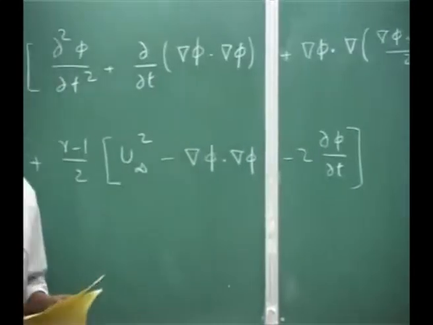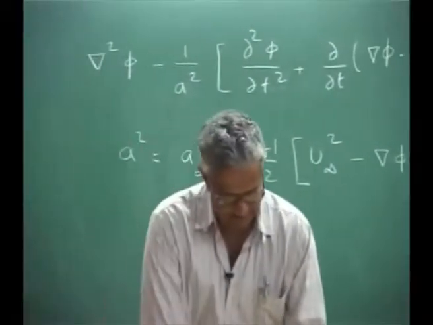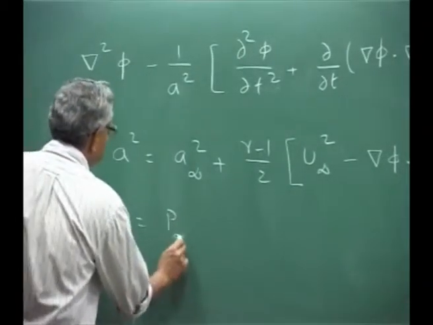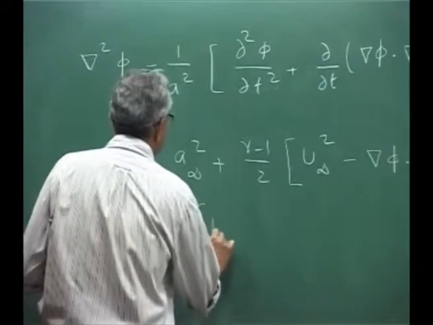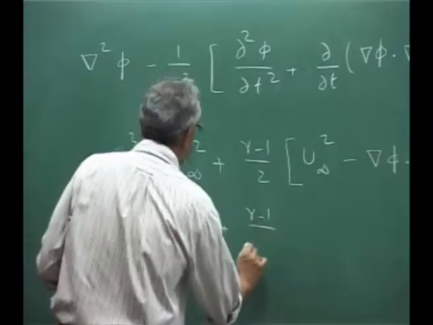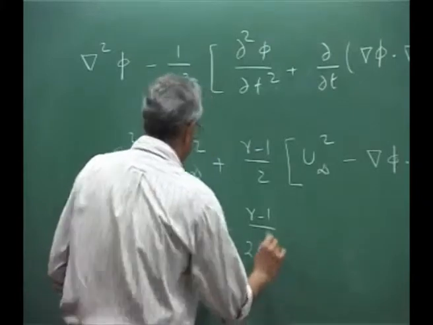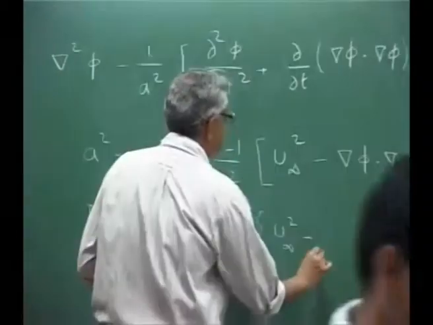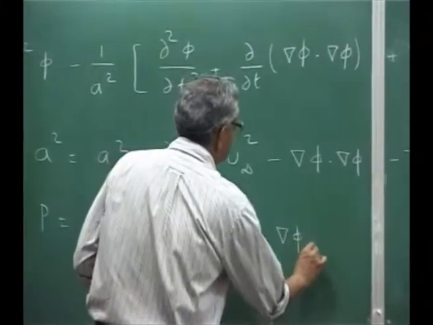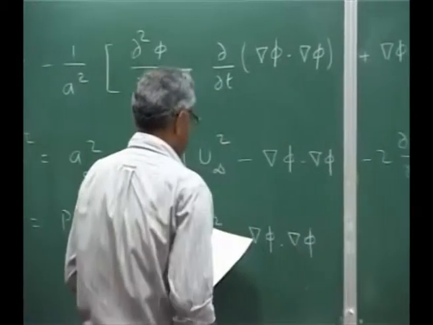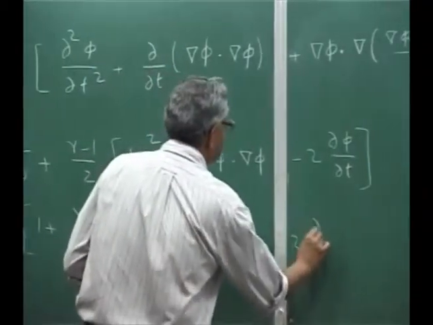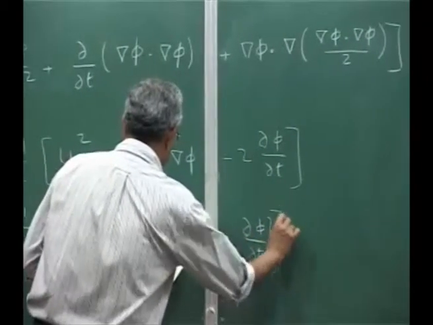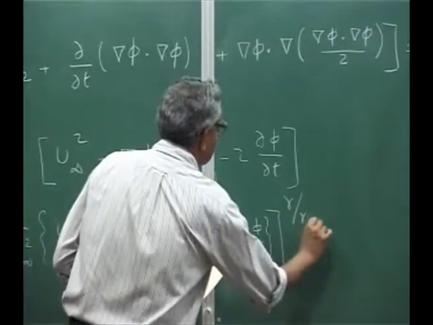Okay, and then the pressure expression P equals P infinity into 1 plus gamma minus 1 over 2 a infinity square, u infinity square minus del phi dot del phi minus 2 delta phi over delta t, to the power gamma over gamma minus 1.